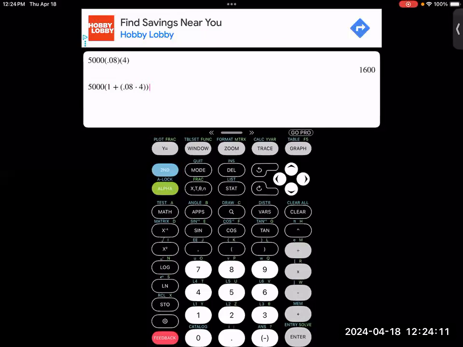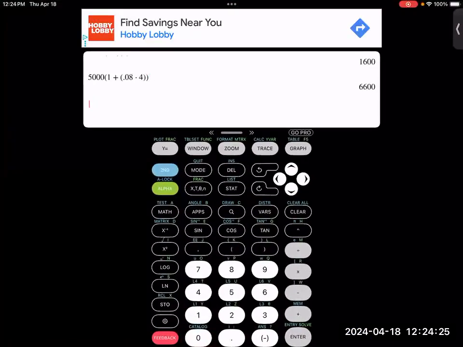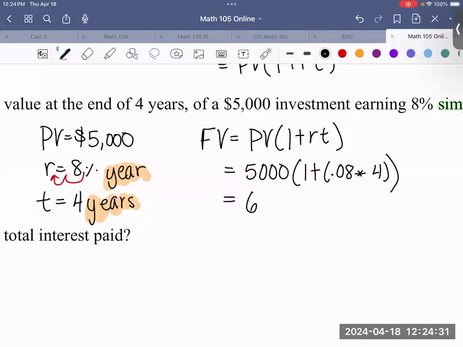It might already tell you that you need to close a parentheses, because notice I opened one right before the one, which means I need to close it again on the other one. Going to hit enter to get 6,600. There you go.